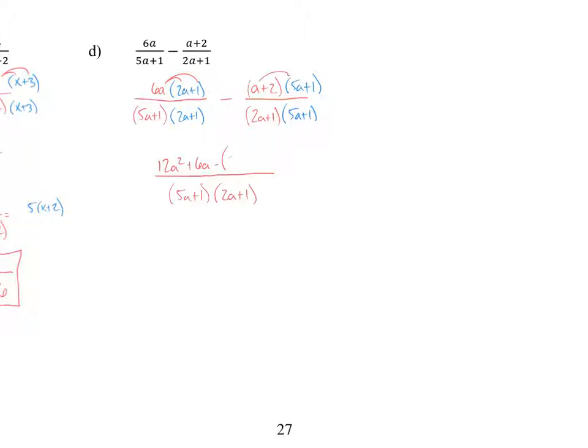All right, I'm going to have a 5a squared plus a plus 10a plus 2. All right, now I can distribute there. I'm just trying to put this thing together. Minus 5a squared minus 11a minus 2, all over 5a plus 1 times 2a plus 1.